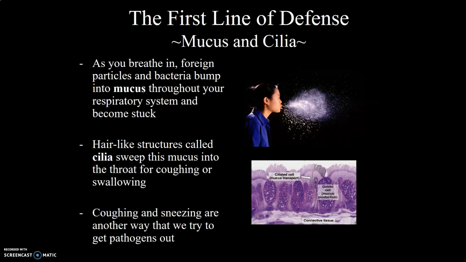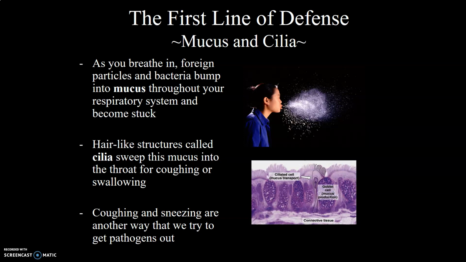Also included in our first line of defense are mucus and cilia. As we breathe in, foreign particles and bacteria in the air go into our noses and mouths, and they bump into mucus throughout our respiratory system and get stuck in that mucus. Mucus is thick and sticky for a specific reason: to trap those bacteria and foreign particles.